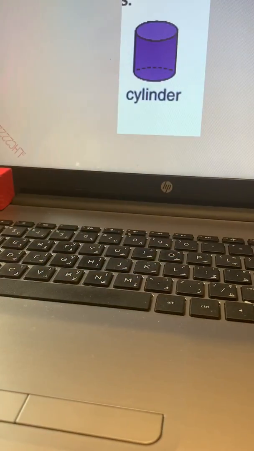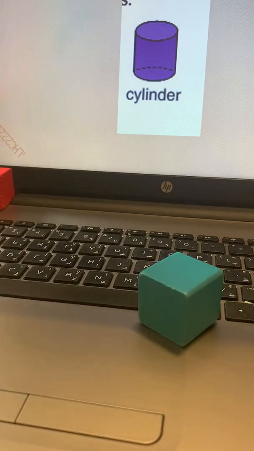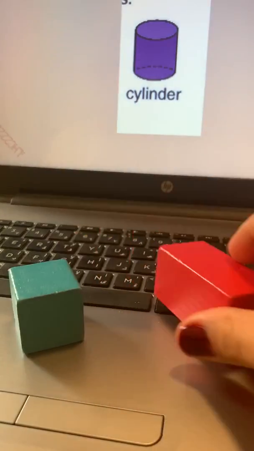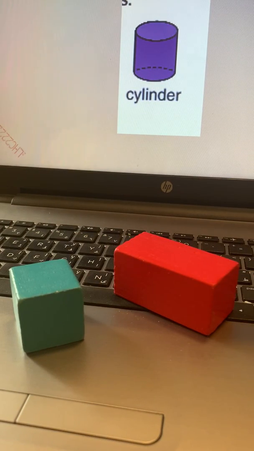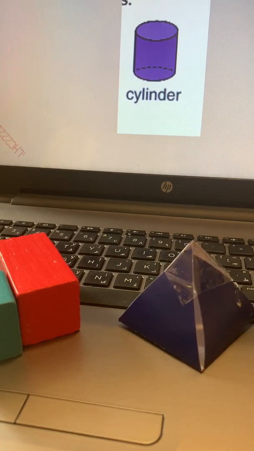Let's make a fast revision. I will ask you and you should answer. What is this shape? Yes, cube. Now this one, excellent, rectangular prism. What about this? Excellent, it's a pyramid.